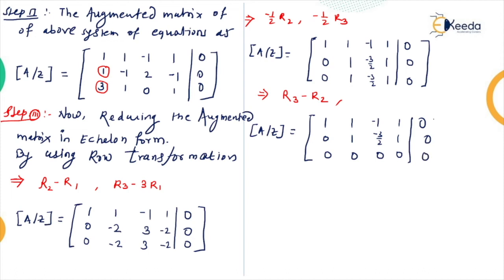This is the augmented matrix after performing the row transformation R3 minus R2.